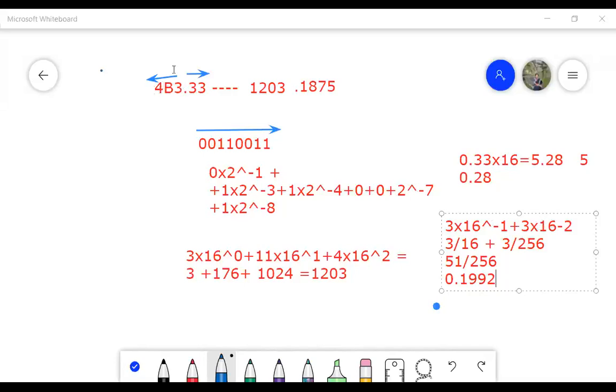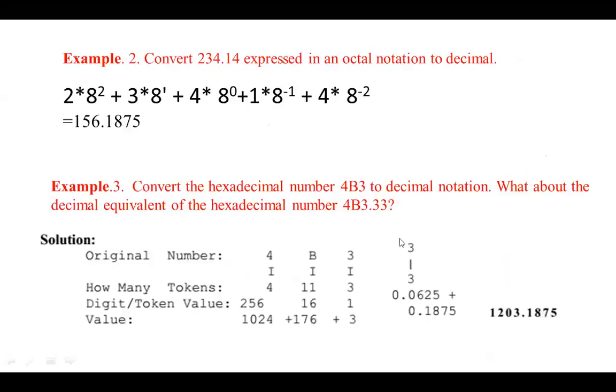When I go on the scale, this is 3 into 16 to the power of 0, this is B into 16 to the power of 1, this is 4 into 16 to the power of 2, this will be 3 into 16 to the power of minus 1, and this will be 3 into 16 to the power of minus 2. So the solution varies whenever you solve using powers and bases, versus converting to binary and then solving it. Both are the same, and for decimal notations you can consider either case. The best way is to solve it using binary, which we have done.